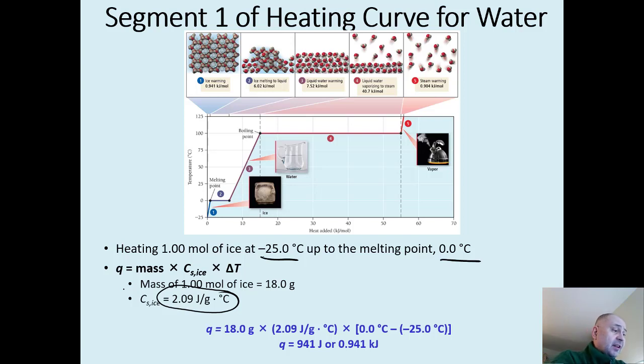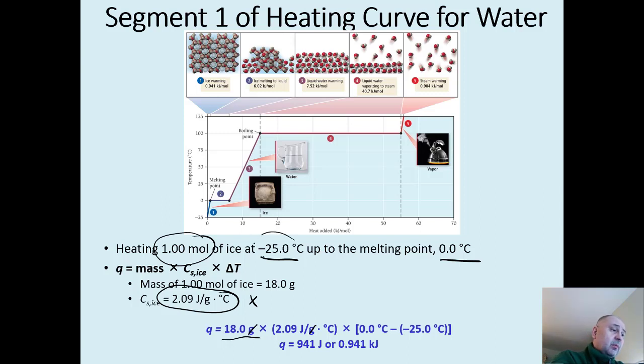And if you know that, just looking at the factor, you should understand that you need to multiply by grams. And if they want to give you 1 mole, you need to make the connection and know that there are 18 grams per mole of water. So you multiply by the mass, that's 1 mole, 18 grams, which cancels the grams. And then you also need to multiply by the change in temperature.